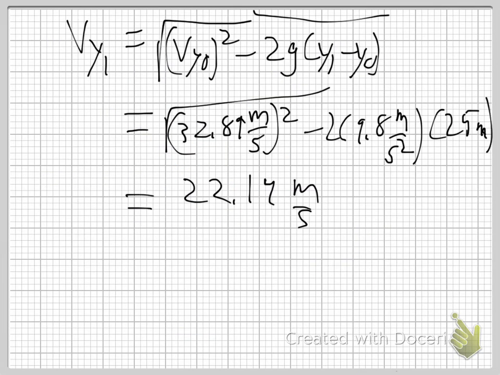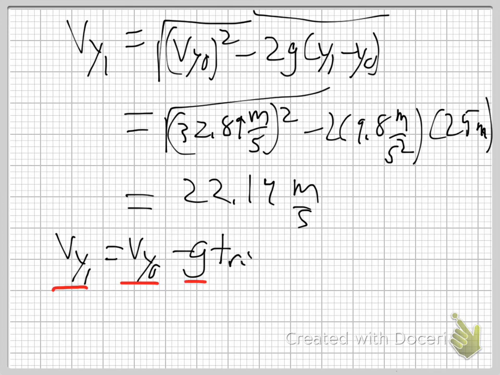Okay, so what am I going to do with that information? Well, I'm going to go back to our velocity equation. I'm going to go back to this one, because now I know both quantities. I know this, I know this, I know this, so I can find time. So what is this time going to be?